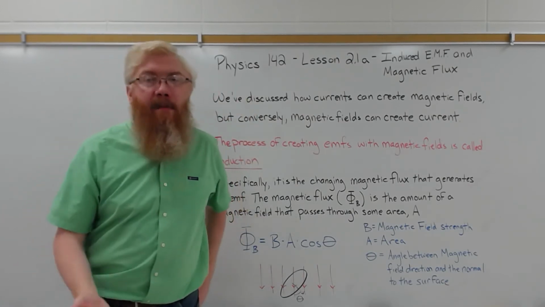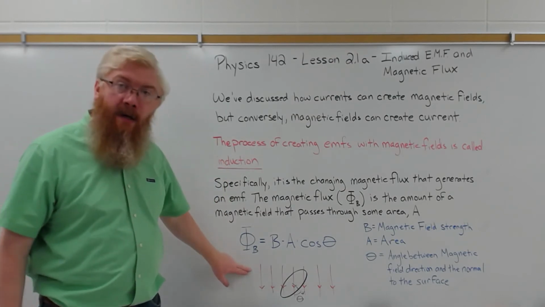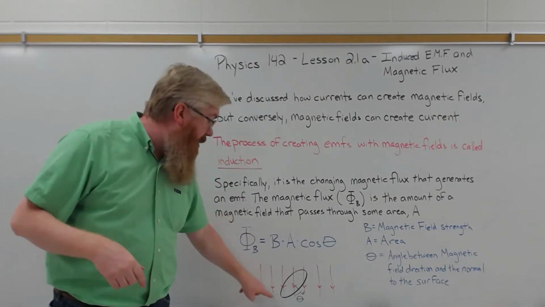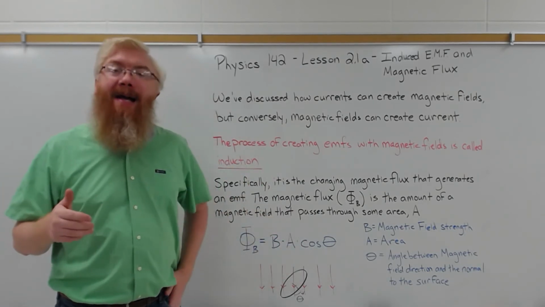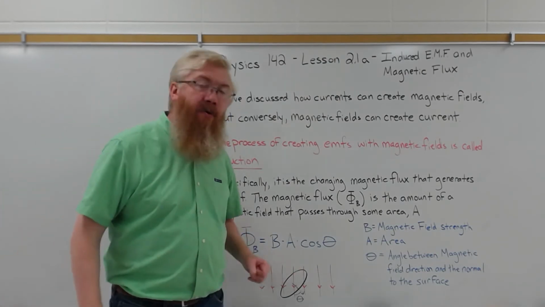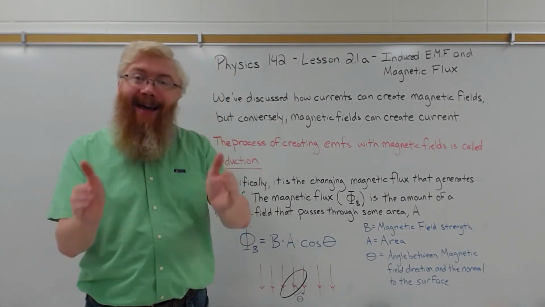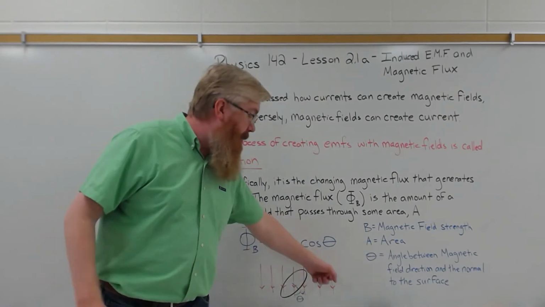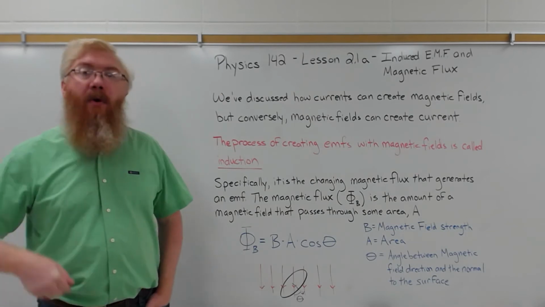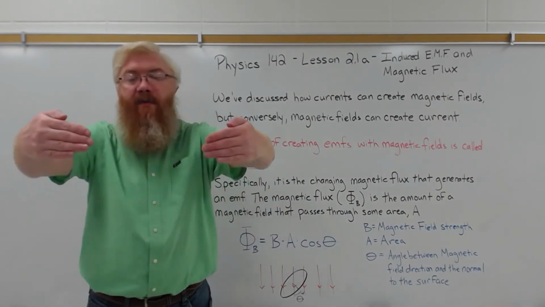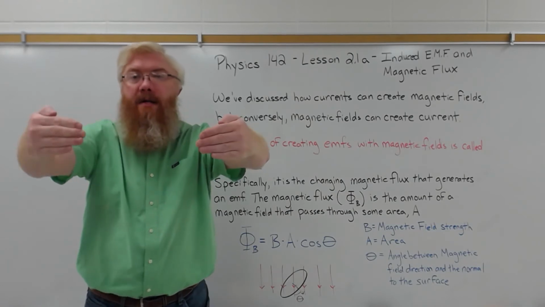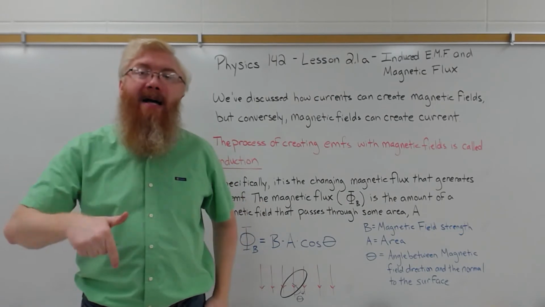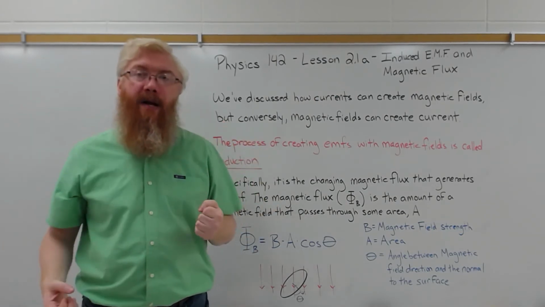Now, instead of rain, imagine it's magnetic field lines. I have magnetic field lines pointing down, and I'm looking at, again, a ring of area A. I can change the amount of magnetic field lines that go through that area by changing the angle between the normal to the surface and the direction of the magnetic field. When the surface normal is up or down, parallel or anti-parallel to the direction of the field, I get a maximum magnitude for the flux passing through that area.